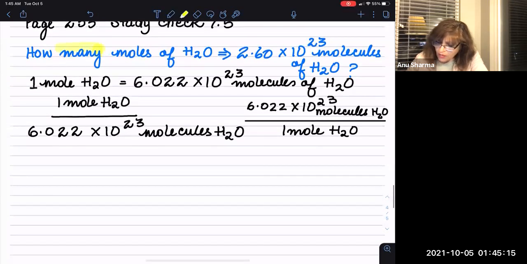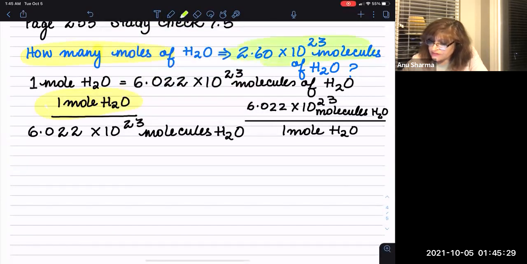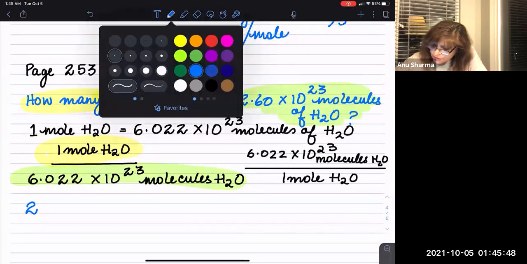The question is asking how many moles, so we use the one with the moles we need. We are given the molecules, and we want to cancel out the molecules, so this conversion factor allows us to cancel them because they are in the denominator. So when you set up the equation, write down what is given to you. This piece is considered to be given.